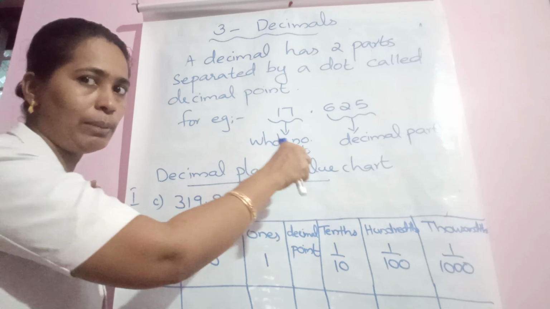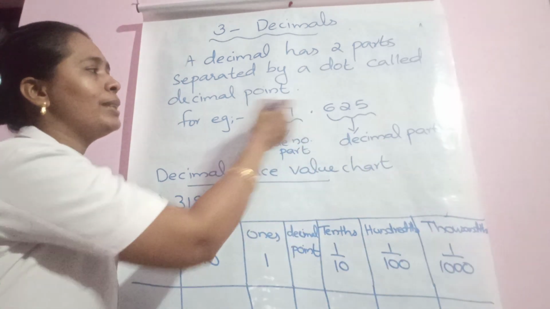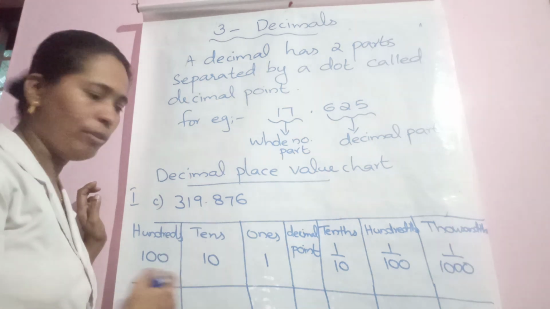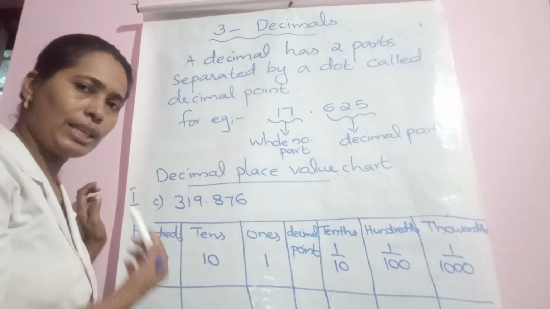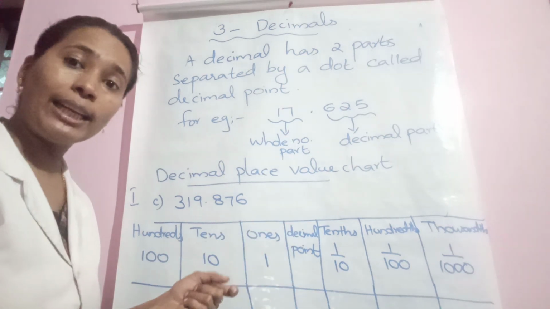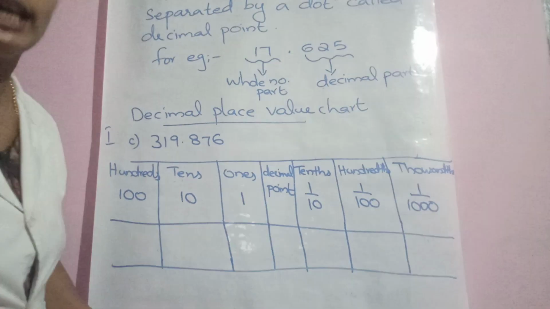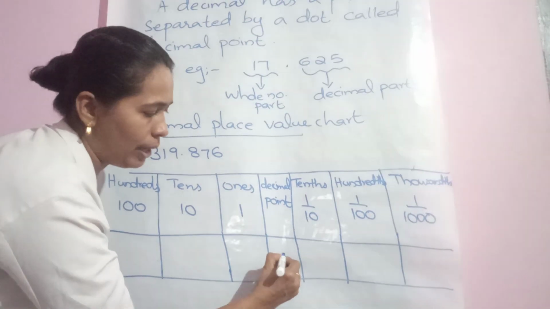So we need 3 columns on our right side. And on the left, 2 columns are enough, but the teacher has taken 3 columns. Leave it. So the decimal point will be in the middle portion.